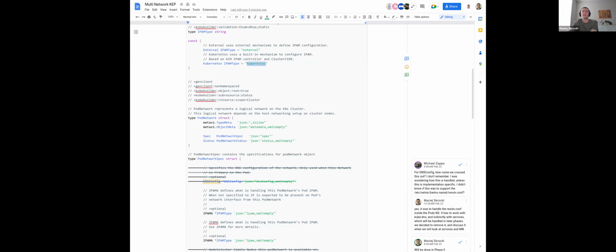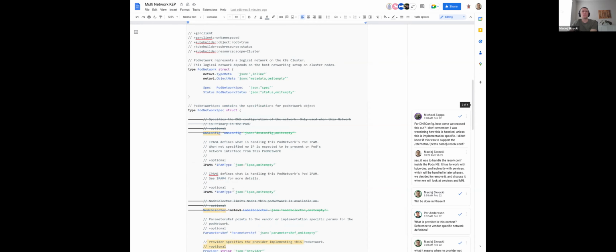You can use Kubernetes, which will configure the IP using built-in mechanisms like the KCM's IPAM controller and maybe cluster CIDR. We have to discuss how the internal one will work, because we need to cover that in this KEP as well. And the last option, when you don't specify it, means that you do not expect any IP on this interface. Yes, Tom?